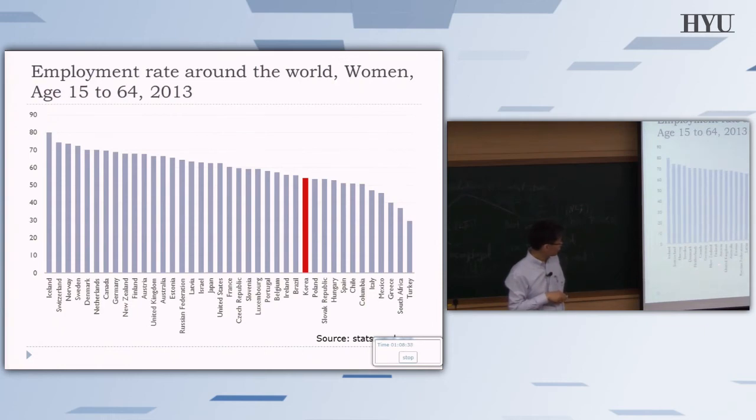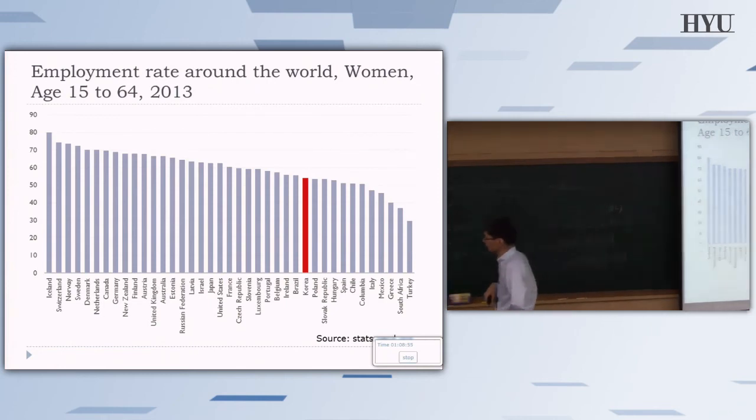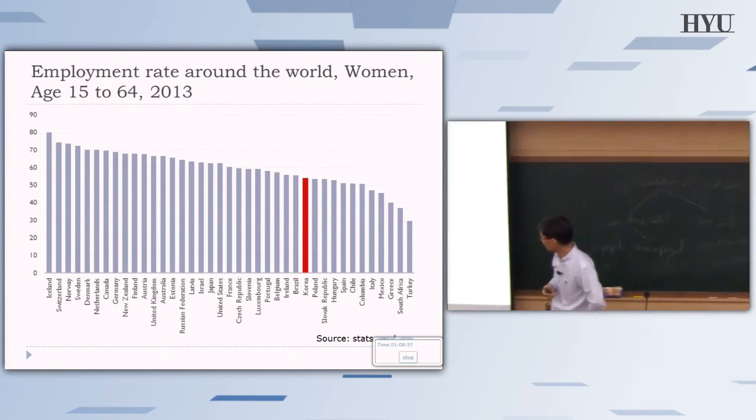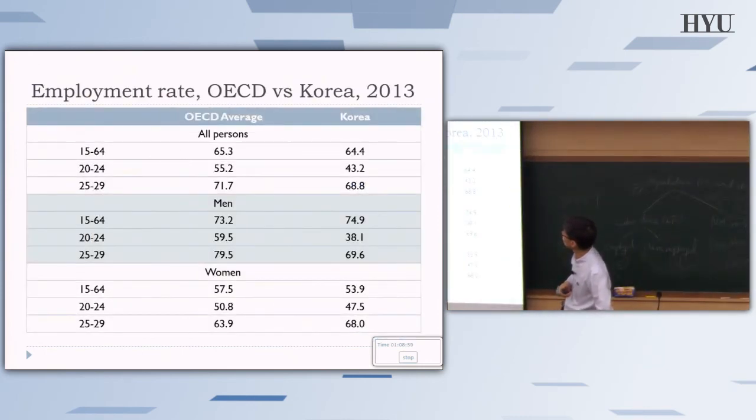So a lot of countries. Japan, even Japan is much higher employment rate than Korean women's employment rate. Okay. So if you look at it, then Korea's employment rate is low side. So that is one reason why we are concerned, especially for women and especially for young people.